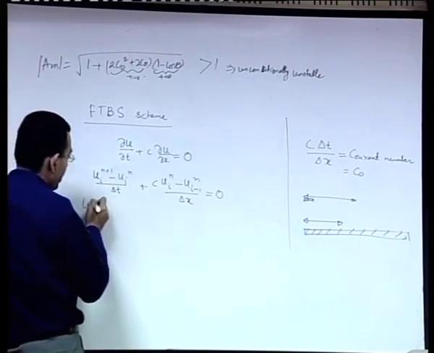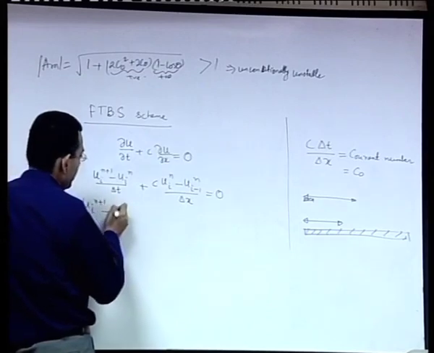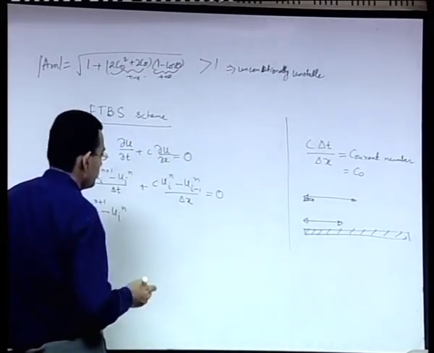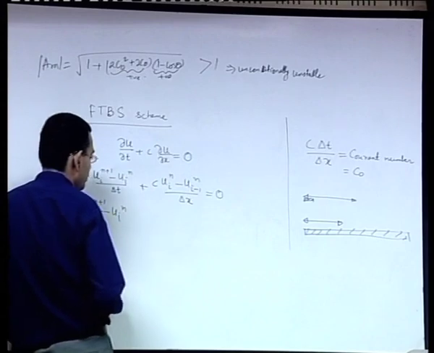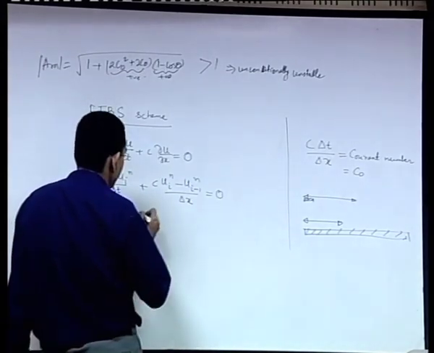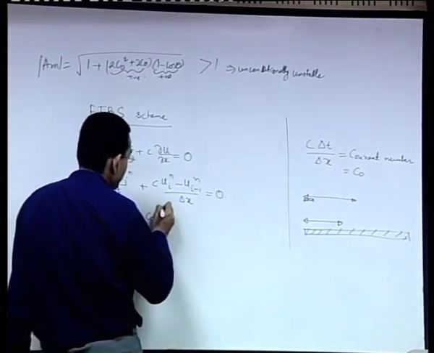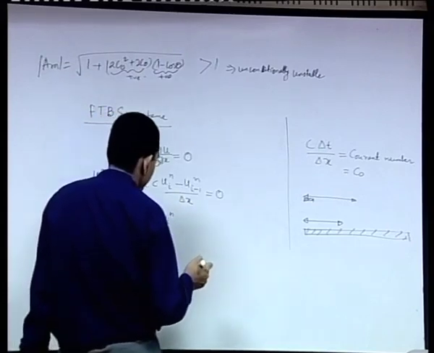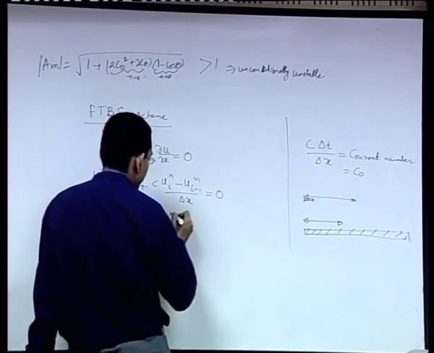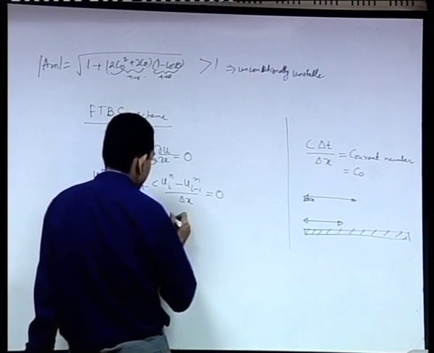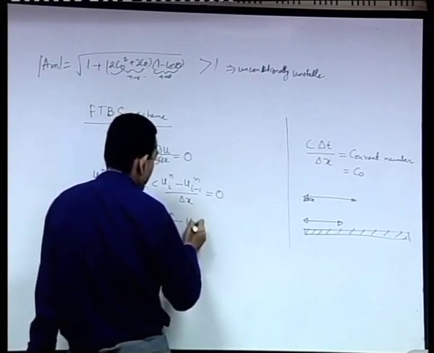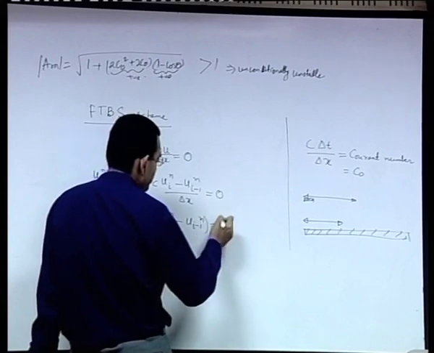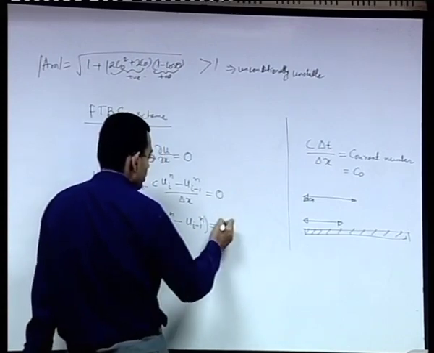So you have u_i^(n+1) minus u_i^n plus Courant number times (u_i^n minus u_(i-1)^n) is equal to 0.